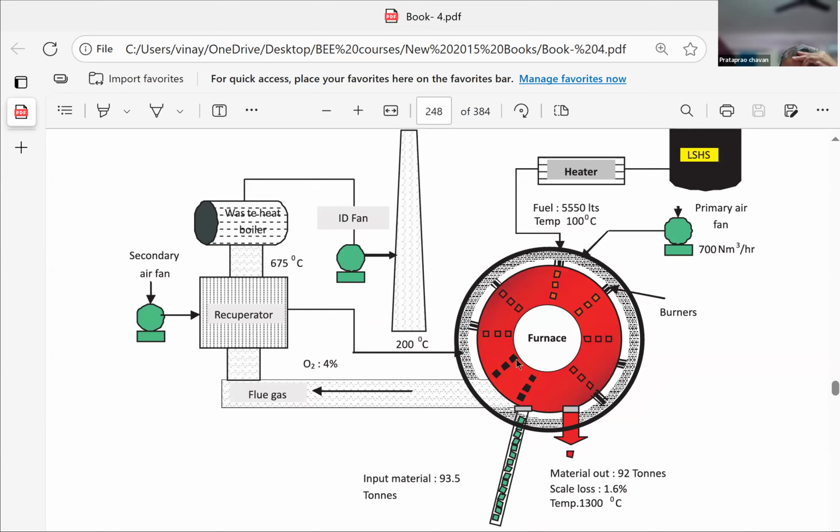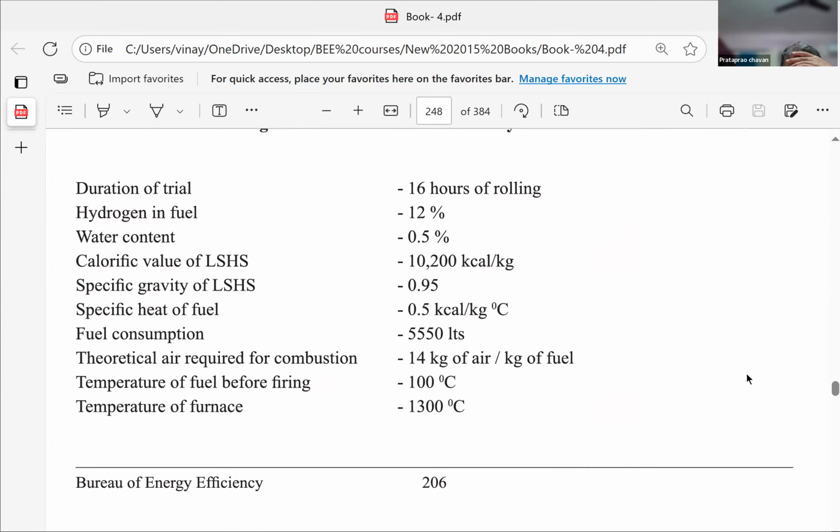So these are fresh materials heated to the desired extent and then it is taken out at this point. Temperature here is 1300 degrees centigrade. See, so very high temperature. So its waste is also very high.